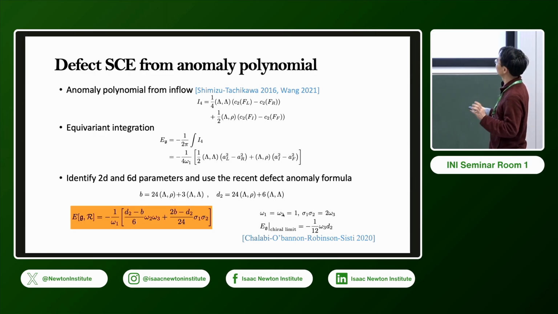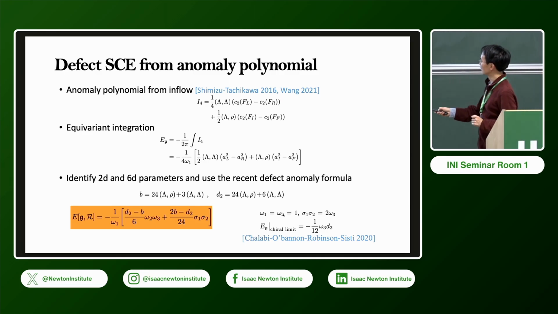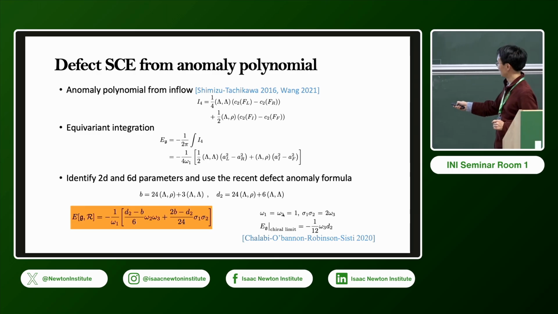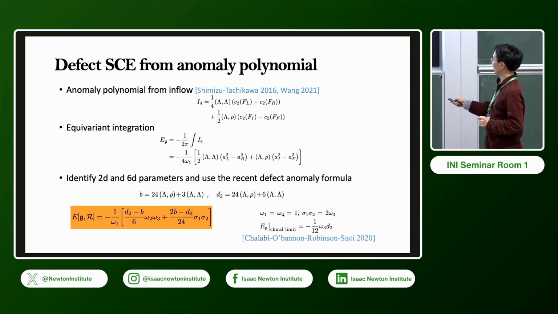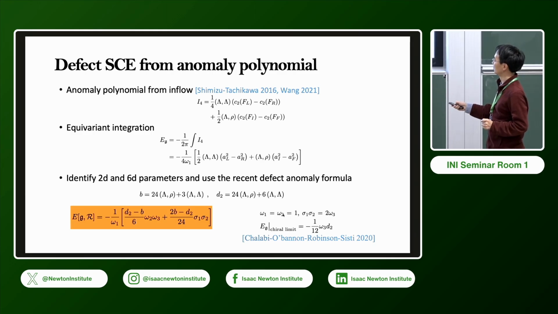Then you identify the 2-dimensional parameter and the 6-dimensional parameter. You can rewrite the Casimir energy in terms of recently found formulas. Recently, for this type of surface defect, there is a nice paper pointing out that the b central charge and the d2 central charge are completely fixed by the representation of the surface defect and also the Weyl vector.